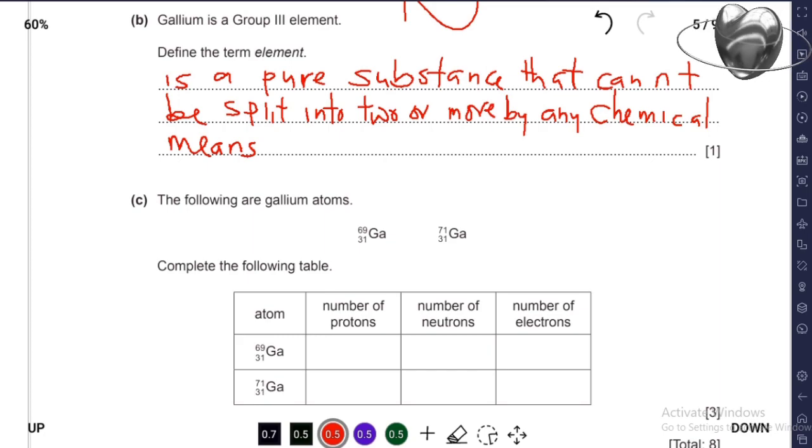But we are going to maintain the same nature, the same type of elements in the chemical reaction. We cannot divide them into two or more by any chemical means. But physically it's possible, you can do that. But chemically it's not possible. Okay, moving forward.